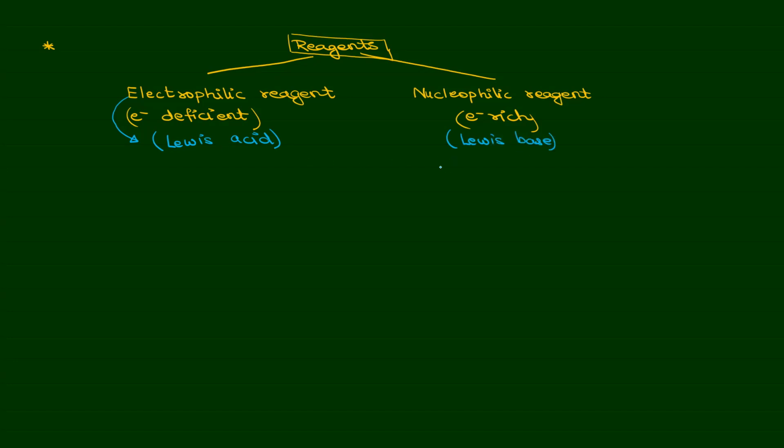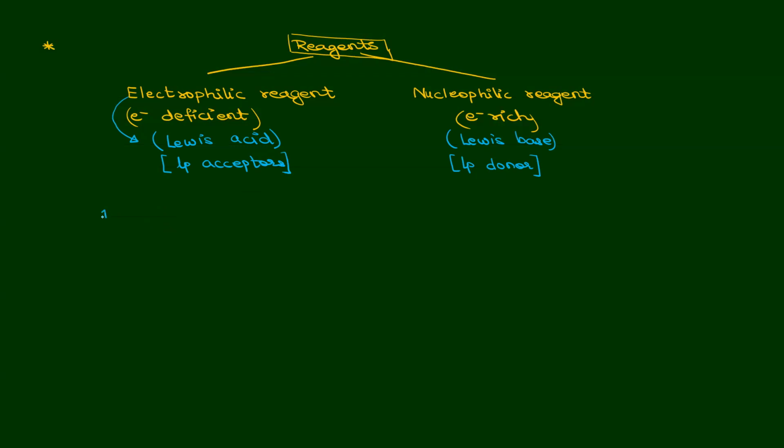Reason being, the electron-rich reagents have a tendency to donate a lone pair, and according to Lewis, lone pair donors are Lewis bases. And the electron-deficient ones will try to accept a lone pair, so they are lone pair acceptors and hence referred to as Lewis acids.